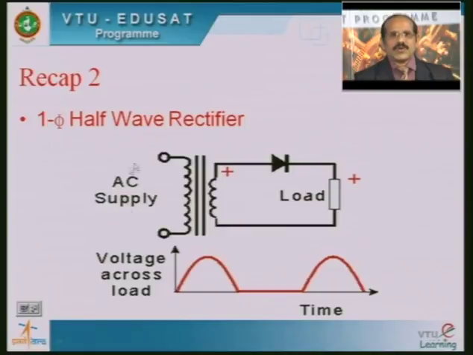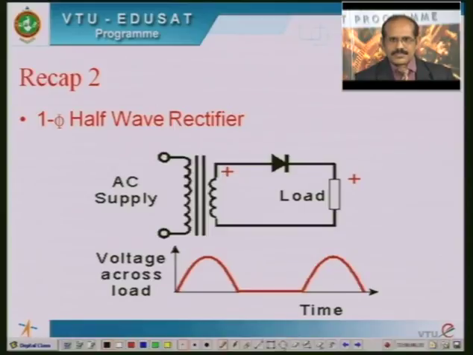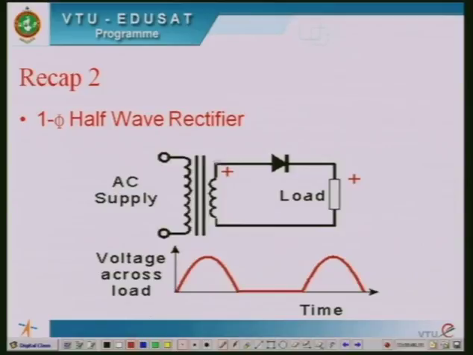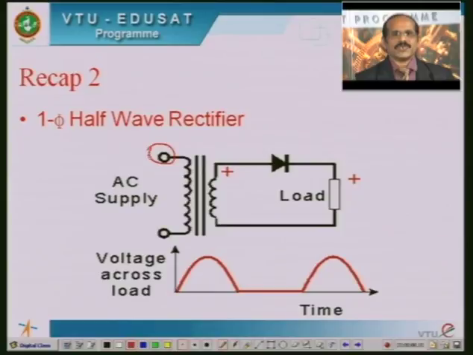During the positive cycle of the input voltage, this terminal will be at positive potential, whereas this terminal will be at negative potential. Correspondingly, a voltage is induced at the secondary, having a positive potential at this terminal with reference to this.